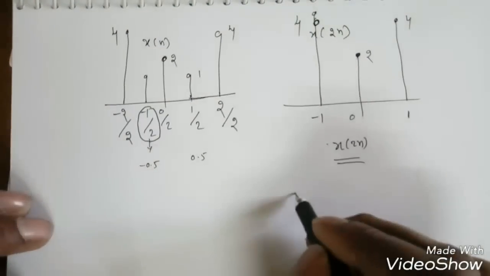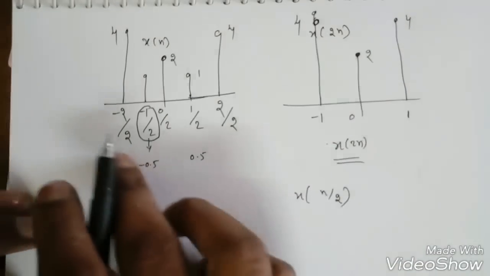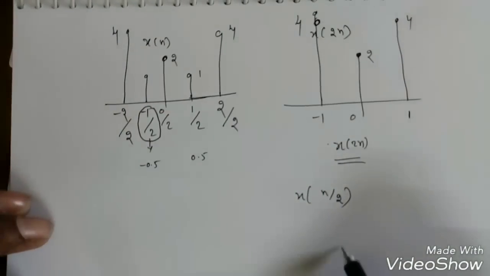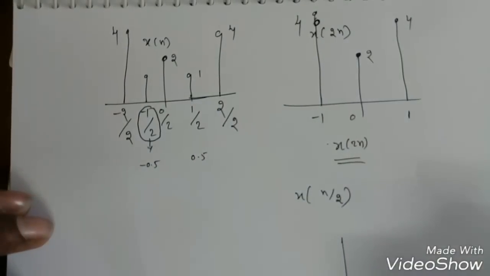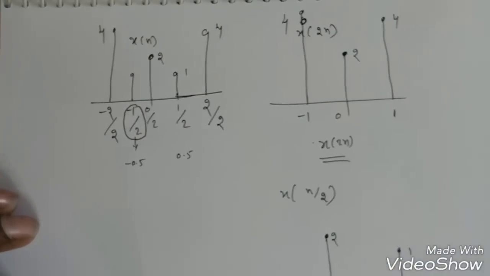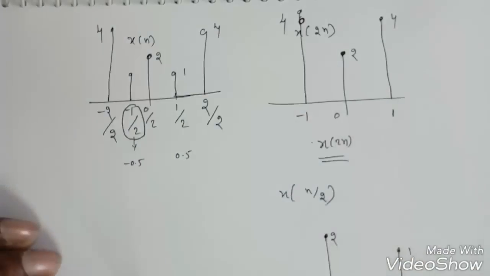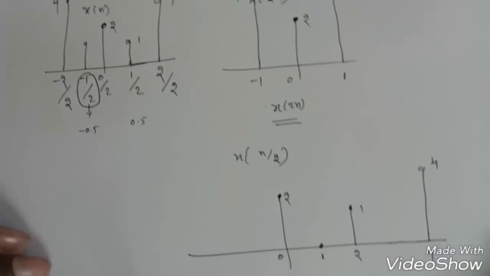Next, suppose x of n by 2 is there. That means each index will be multiplied by 2. So at 0 we get the value at 0. The index 1 is multiplied by 2, so at 2 we get 1, and at 1 we get 0 since it is missing. Similarly, 2 into 2 gives 4, so at 4 we get amplitude 4.